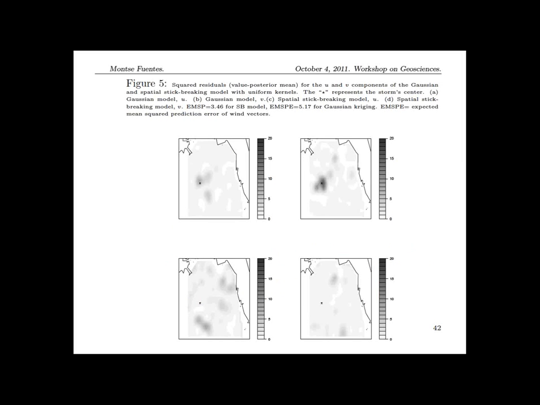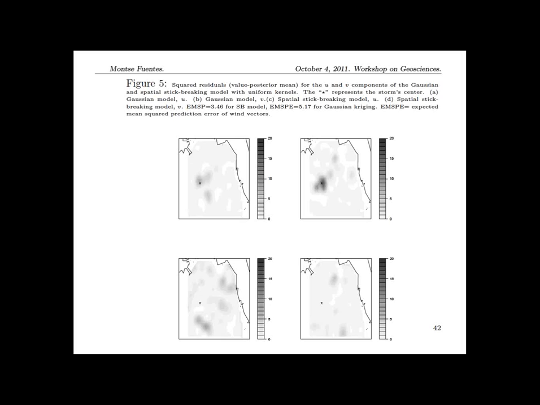And if you look at the residuals, this would be on the top using the Gaussian model. This is the square of the residuals, so that means the actual value minus the estimated value for your U and your V component, U on the left, V on the right.